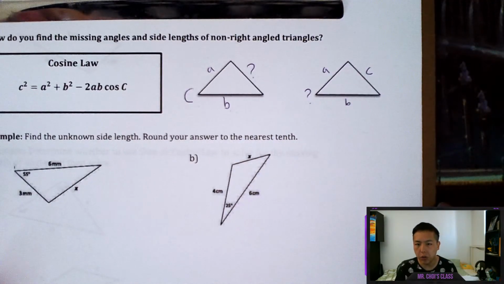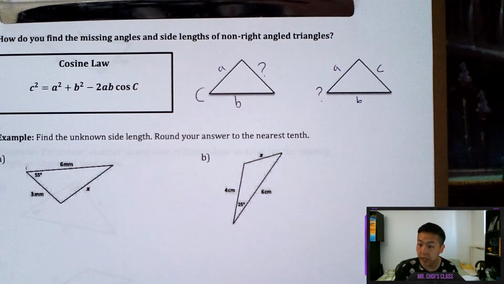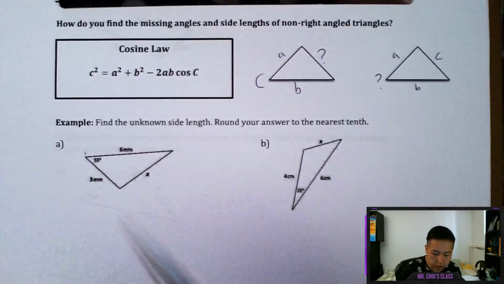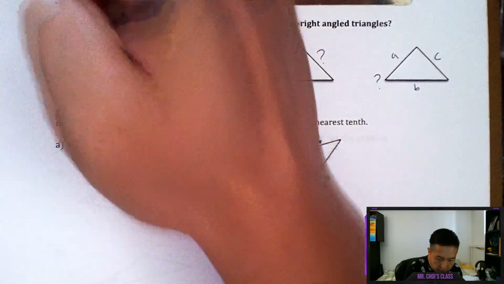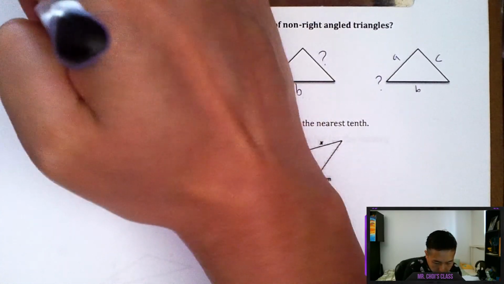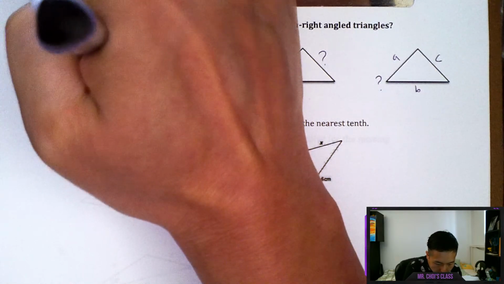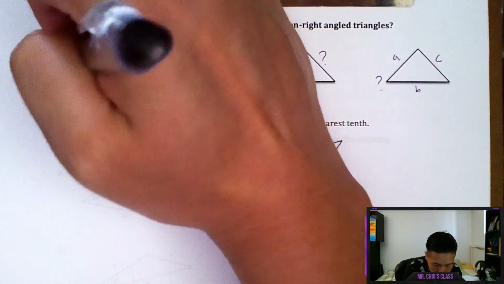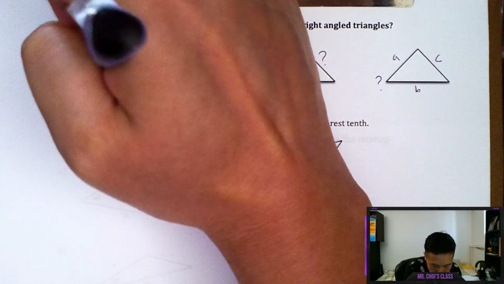You have all three sides of a triangle, but you have no angles. Can you figure out an angle? Absolutely, you can, and that would be using cosine law. The main thing here is that you have to understand that C represents the missing length.